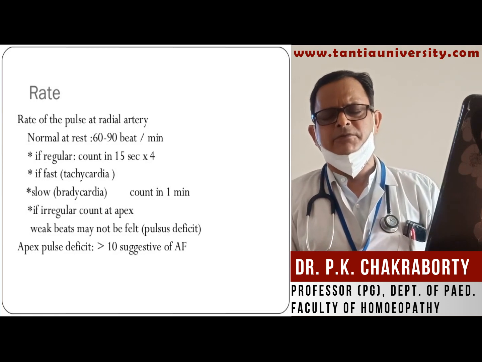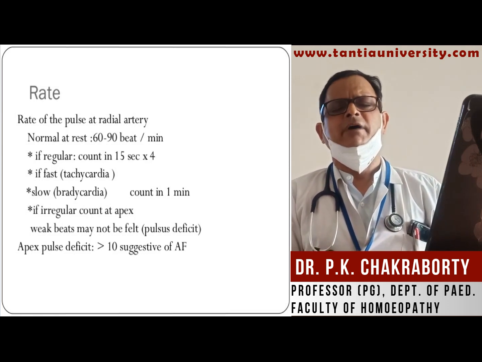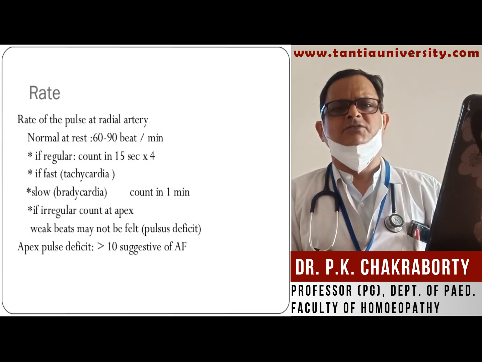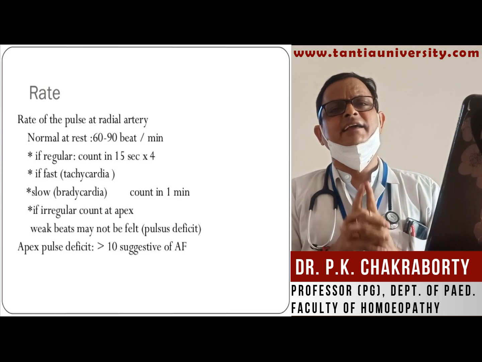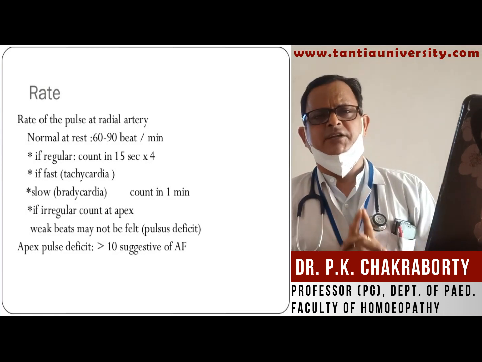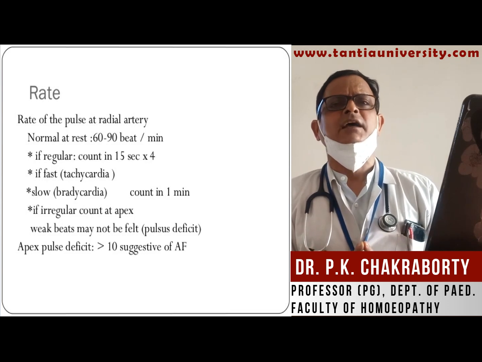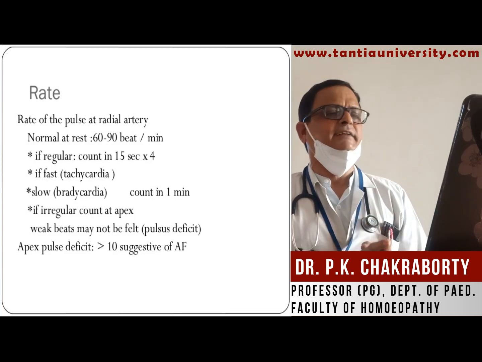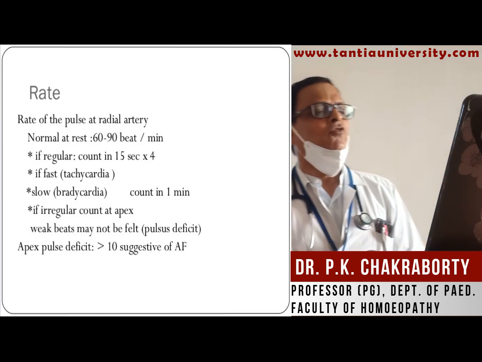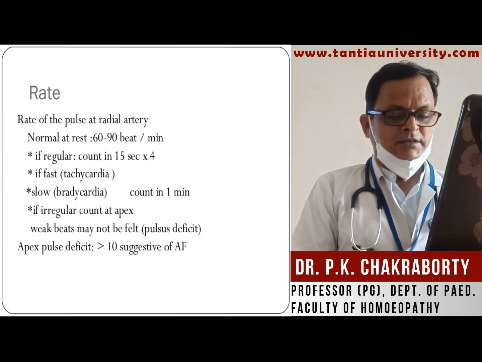We can calculate the rate by counting up to 15 seconds only. But if you find any abnormality in the rhythm or volume, then we have to check it for 1 minute, and you have to compare it on both sides. So if you find irregularity, then you have to go for both sides.